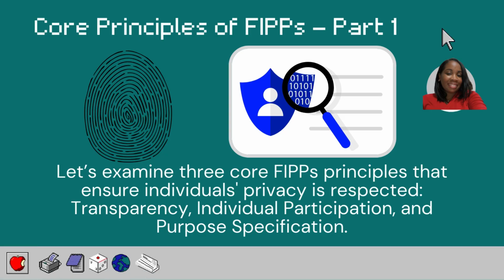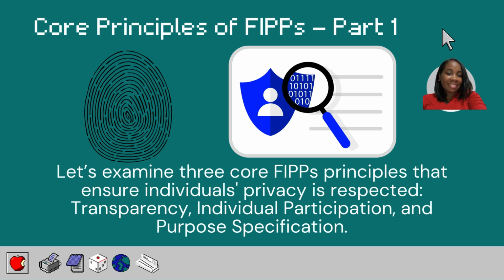We are now going to talk about three core principles that ensure the individual's privacy is respected: transparency, individual participation, and purpose specification. So, again, the Fair Information Practice Principles are a set of guidelines that help protect personal data. First, transparency.